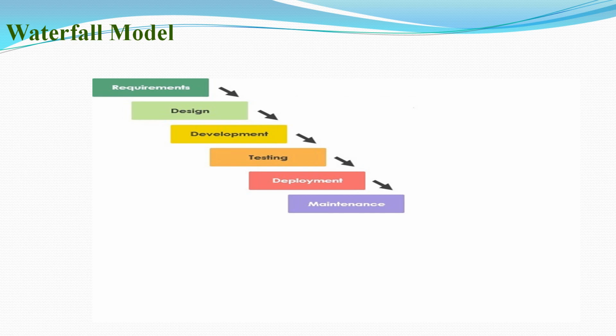In the waterfall model, there is no going back concept. For example, once the requirements gathering phase is completed, then only we go for the design phase. Once design is completed, then only we go for the development phase, that is the coding phase. Once coding is completed, we go for testing, then deployment and then maintenance.